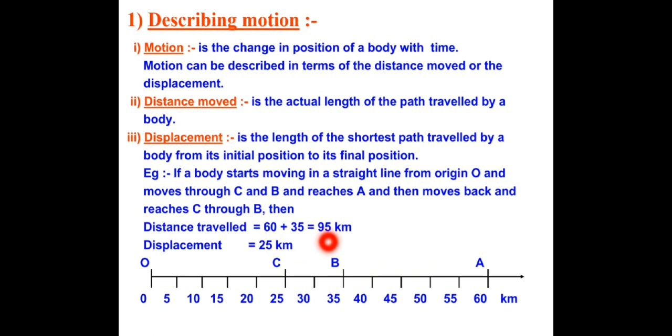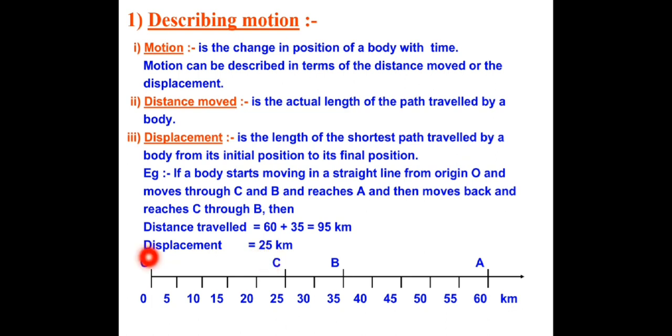So we can calculate. Here it is given, the displacement is the length of the shortest path travelled by a body. So what is the shortest path? This one from O to C is the shortest path. Now why is it so?